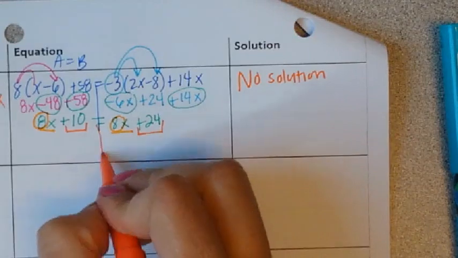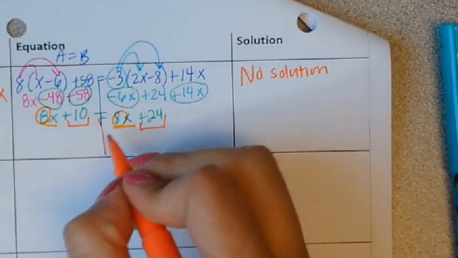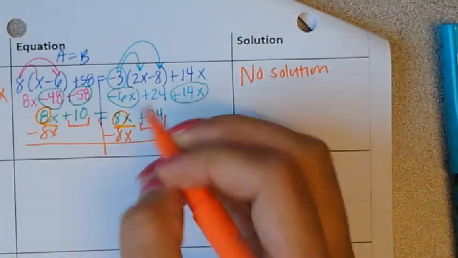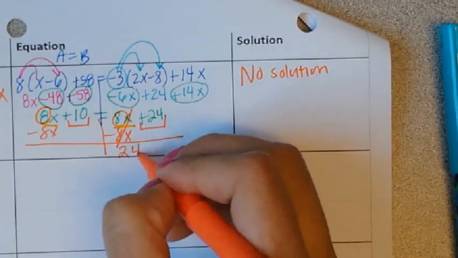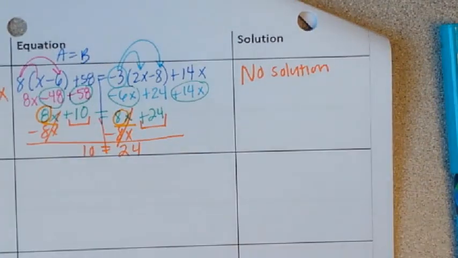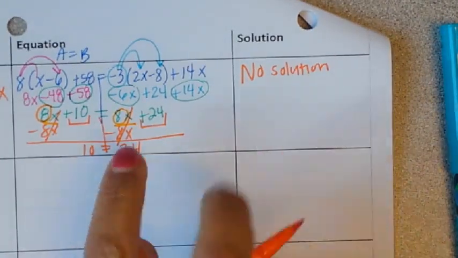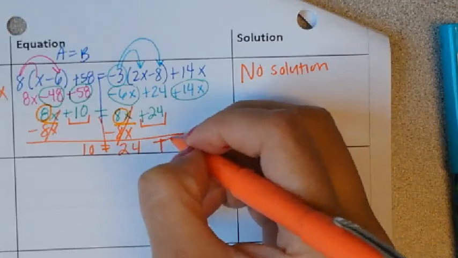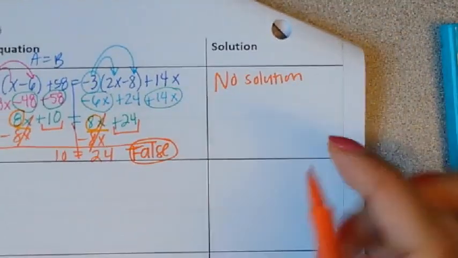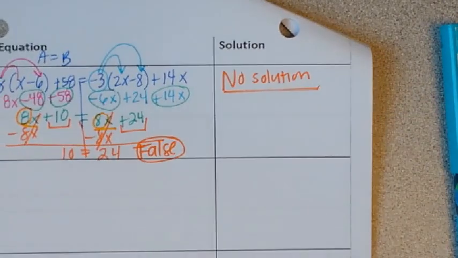And I can prove it by, okay, let's put the variables together. I have a 24, and over here I have a 10, because these also canceled. Does 24 equal 10? Nope, this is a false statement. If it's false, that means no solution would be my solution.